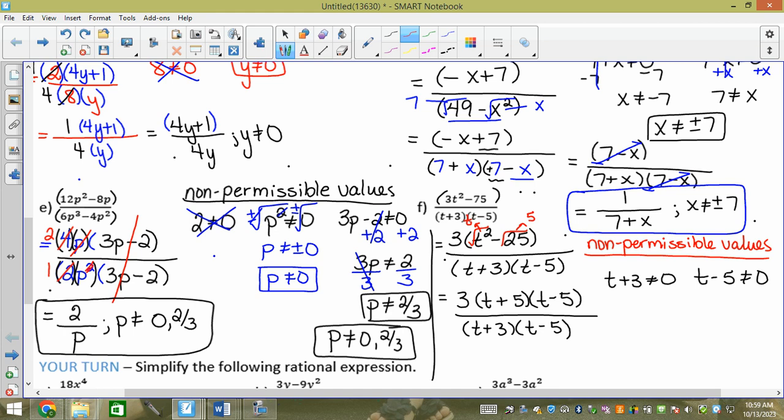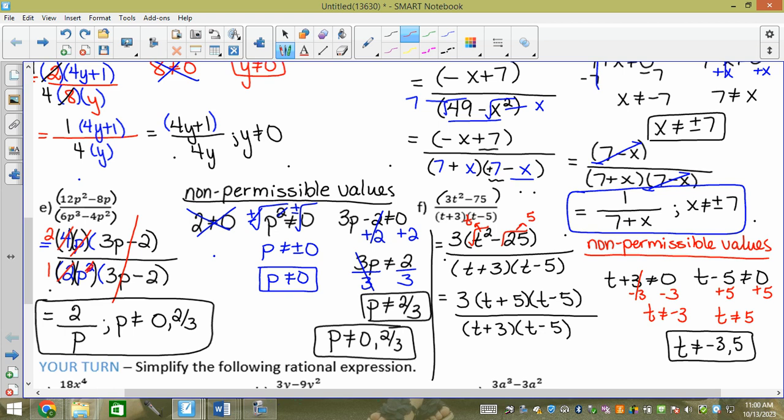So I'm going to subtract 3. And I get t can't equal negative 3. And for this, I'm going to add 5. And then I'm going to get t can't equal 5. So my 2 non-permissible values are t can't equal negative 3 and 5. Once I state my non-permissible values, I go back and I say, is there anything I can cancel off?